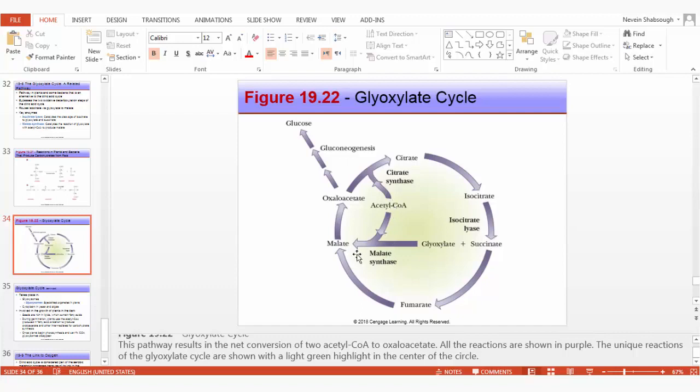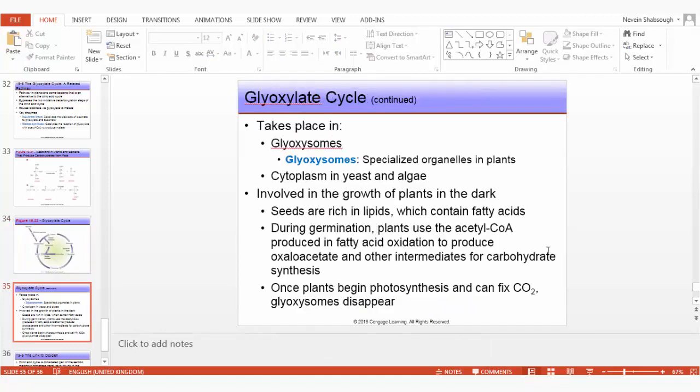The second acetyl-CoA is consumed here. So two acetyl-CoA molecules are used to synthesize one oxaloacetate. Now, to synthesize one glucose, you need 4 acetyl-CoA.